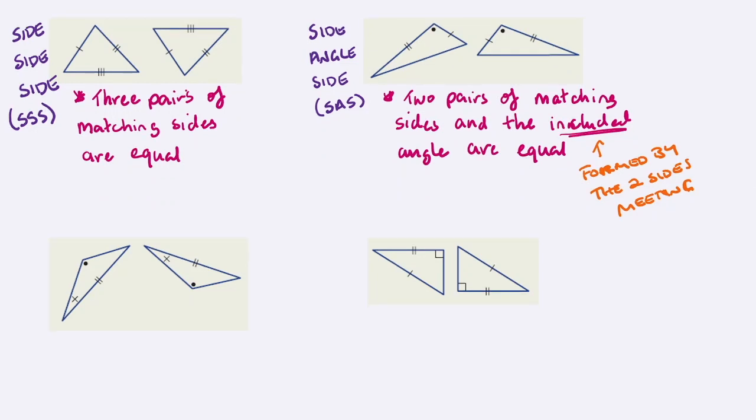Our third test is angle, angle, side, or AAS. And you've probably managed to conclude from the other two tests that what we're looking for here are two angles, and I'll say corresponding angles, I'm getting ahead of myself.